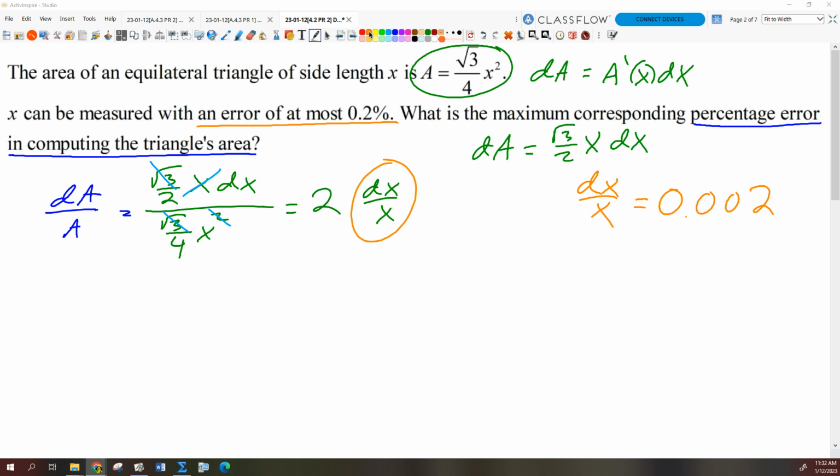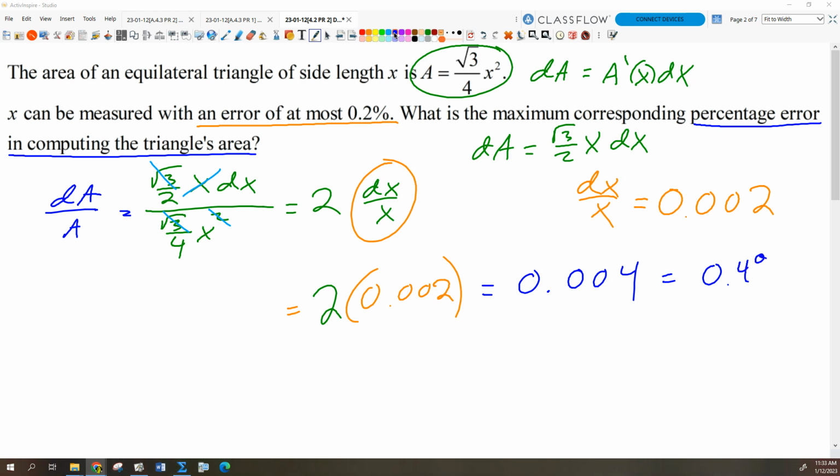Isn't that cool? Right? Okay, so we end up with our answer then, which is just 2 times 0.002, which is 0.004, or 0.4%.